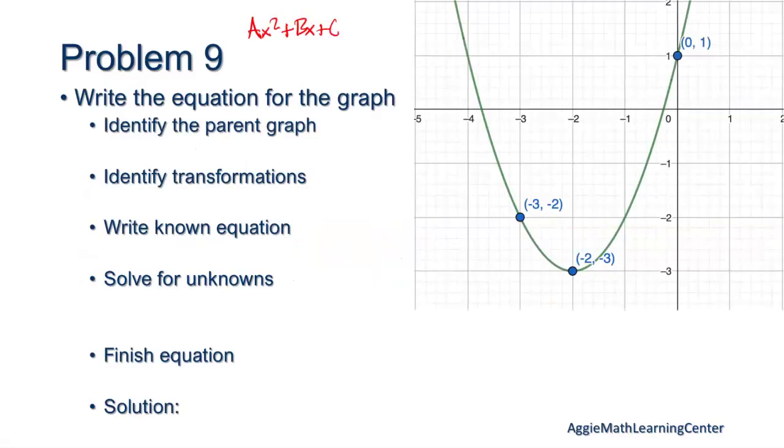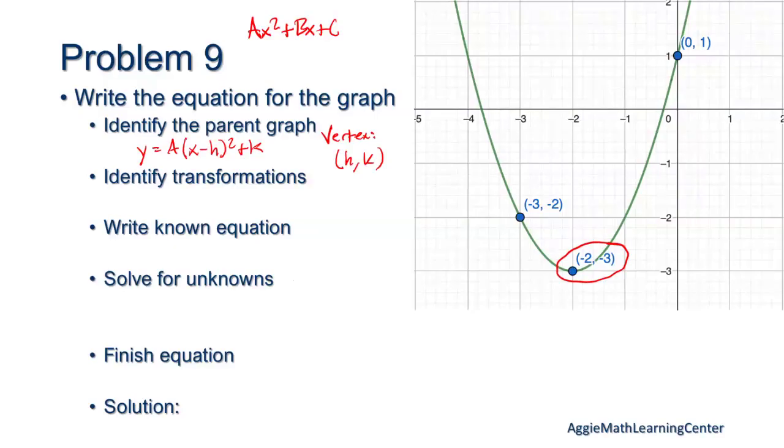However, when we're given the vertex and given other points, we can use a different form of the quadratic, which is y equals a times x minus h squared plus k, where our vertex is our (h, k). So on the graph, we can see our vertex, which is the point where it changes direction, right? It bounces off right here. So our vertex would be (-2, -3).